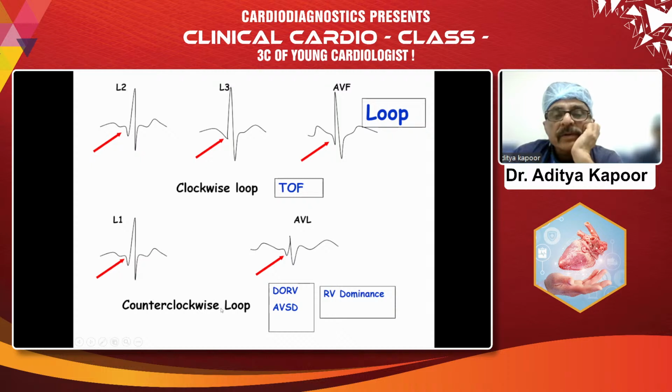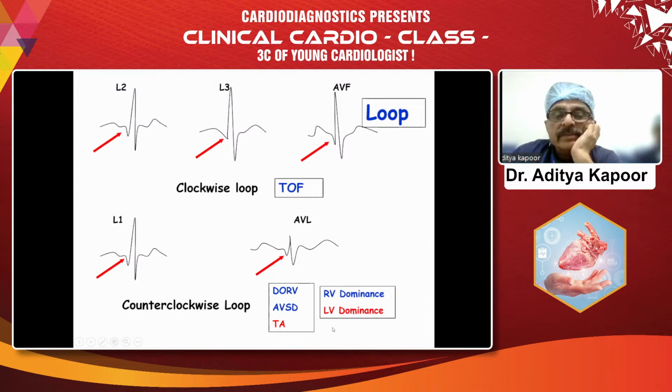However, if you are getting a counterclockwise loop with LV forces predominance, now you are seeing right axis and counterclockwise loop. The diagnosis is more suggestive of DORV.